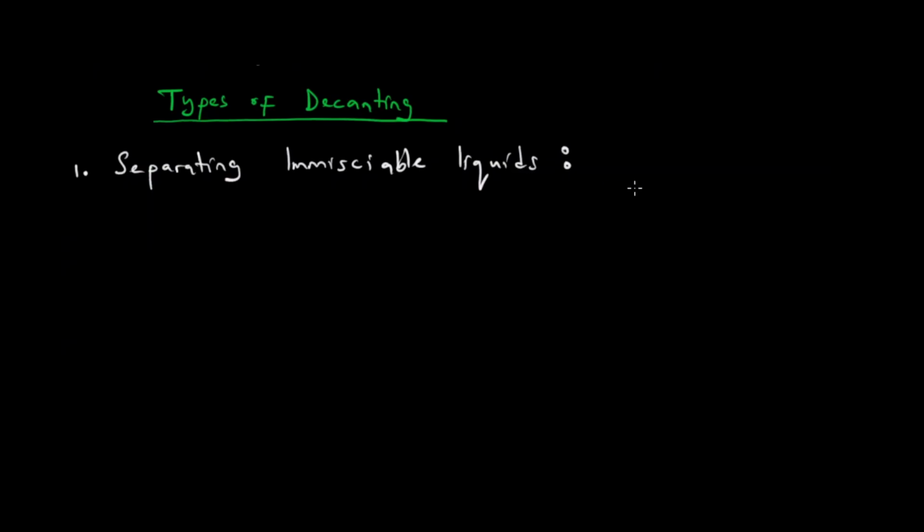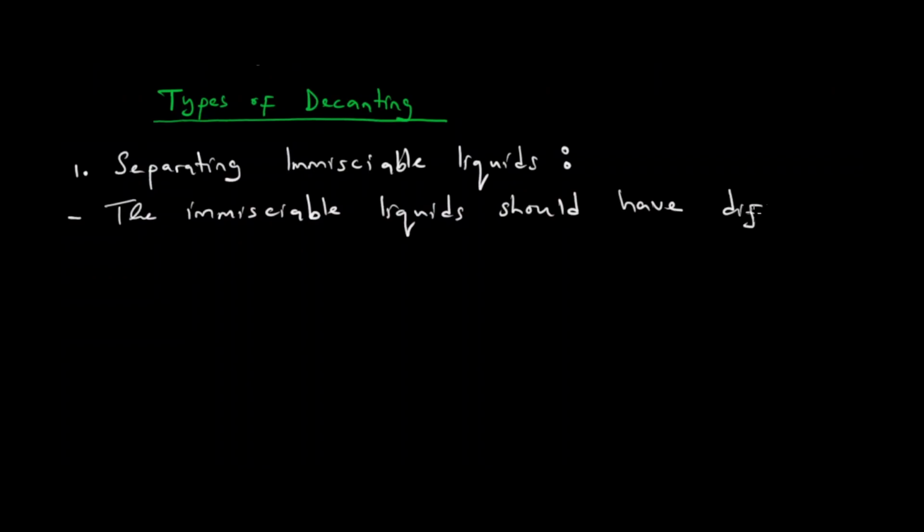So when we are separating immiscible liquids, the physical property we are concerned with is the different densities of the liquids. So the immiscible liquids should have different densities.